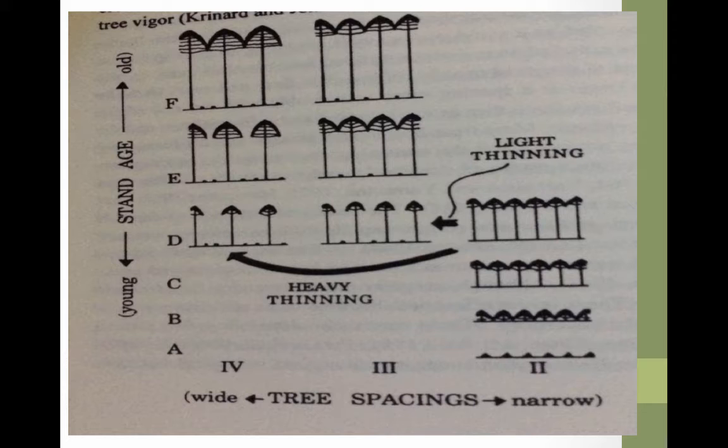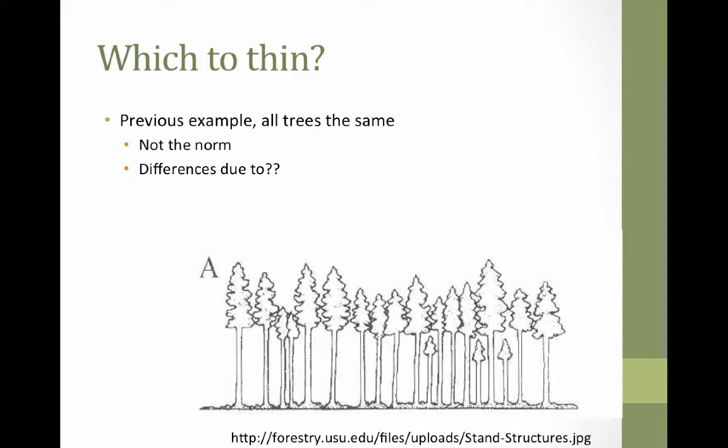So thinning really can impact a lot of these structural elements of a stand. We talked in the previous lecture about how thinning impacts an individual and how it can impact the stand. Today we're going to talk about how to actually implement it, so which to thin.